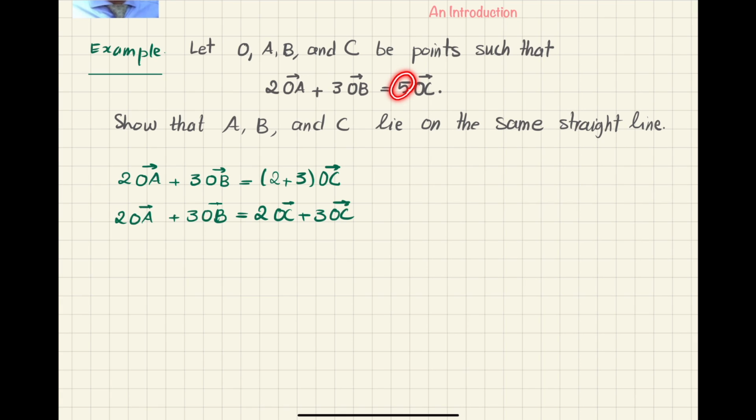Of course, instead of 5, I could also write 4 plus 1, or 6 plus minus 1. Why I have chosen 2 plus 3 is somehow clear, because 2 plus 3 appears on the left-hand side as well. If I want to break 5 into 2 pieces, 2 plus 3 is a better choice. Yes? Okay, then what?